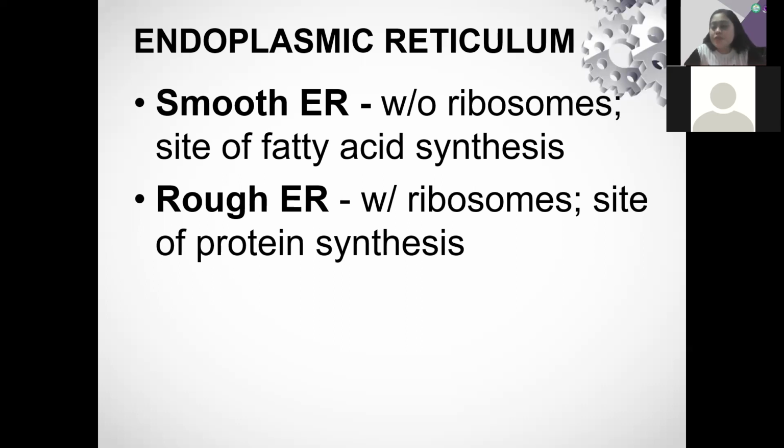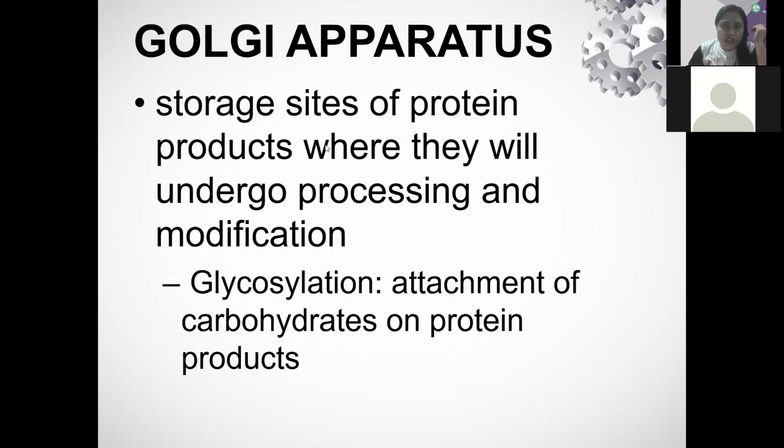Therefore, since ribosomes are our site of protein assembly or protein synthesis, so si rough ER will also be the site mismo ni protein synthesis kasi nga andyan si ribosome. Now, the smooth endoplasmic reticulum, since it doesn't have a ribosome, this one naman will be the site of our fatty acid synthesis. So please take note of their functions.